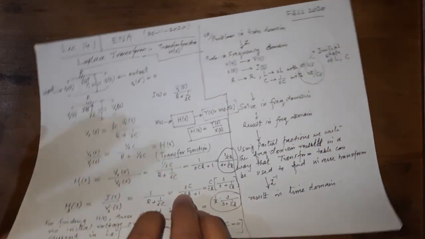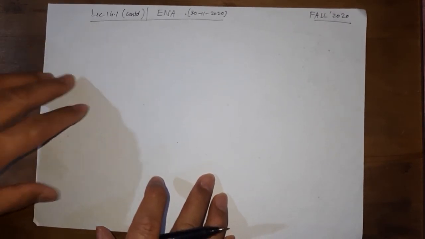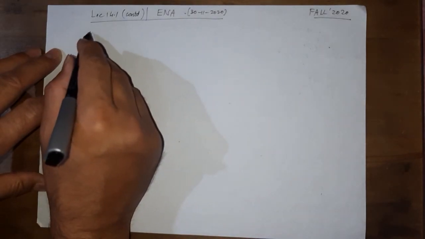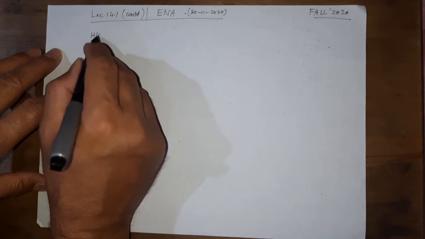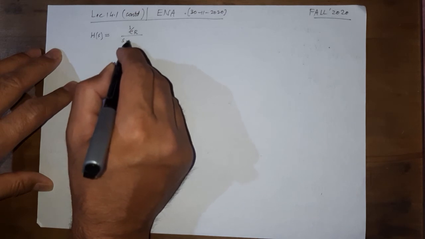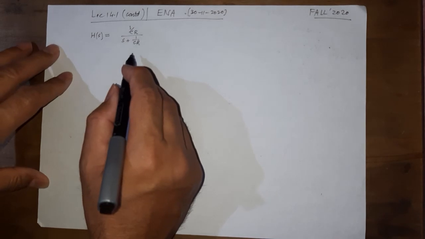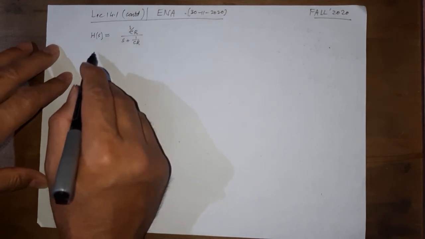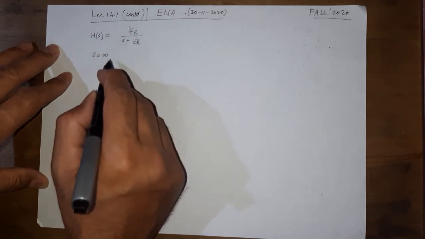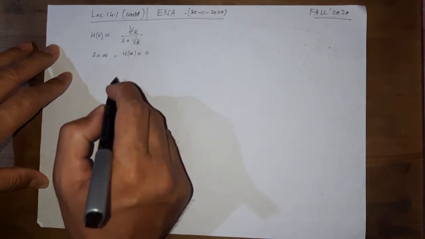There are two other terminologies to be understood, and in the continuation of lecture 14.1, let me describe those as well. For example, for the transfer function that we just encountered, 1 over CR over S plus 1 over CR, we can see that if S has a value of infinity, the whole transfer function will become 0.